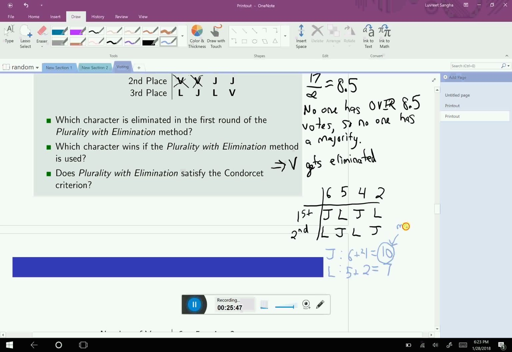So this is a majority. So that means that J wins using plurality with elimination.